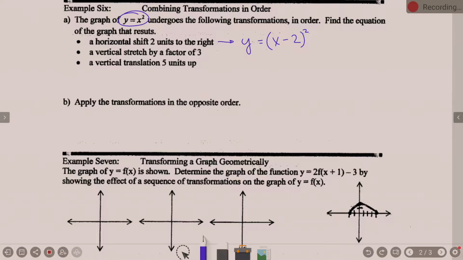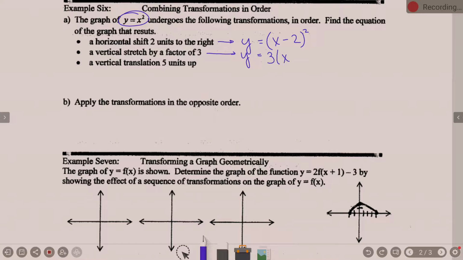Now what are we going to do? Now it says vertical stretch by a factor of 3. How do I show a vertical stretch by a factor of 3? We're going to put it before the x, not in parentheses, and we are multiplying.